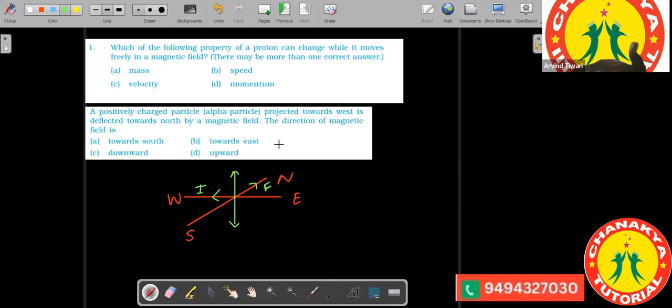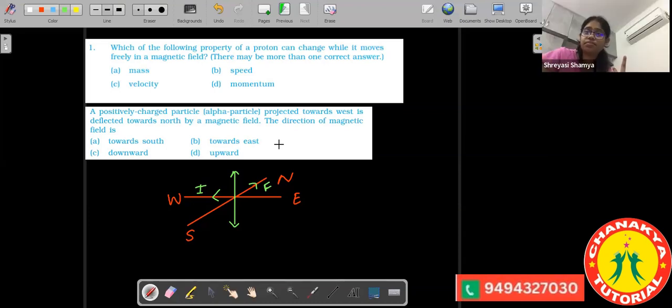As per my diagram, my forefinger is pointing in the upward direction. You should also check if you are getting the same thing or something different. Yes, all of you are getting your forefinger in the upward direction.